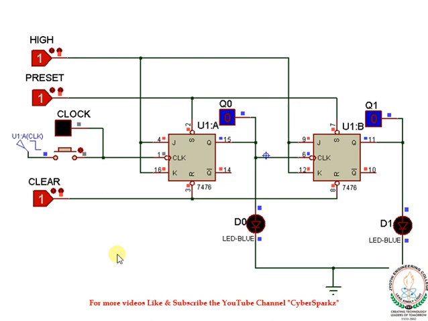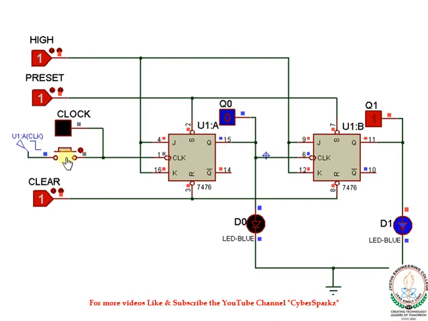Initially the flip-flop outputs are in the reset state, that is 0, 0. After giving the first clock pulse, the flip-flop output changes to 0, 1. Now apply the second clock pulse. Applying the second clock pulse, the flip-flop output will change to 1, 0. The first flip-flop toggles its state to 0 and the second flip-flop toggles its state to 1.